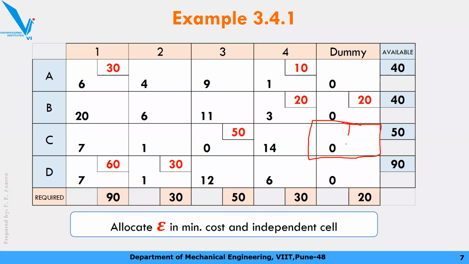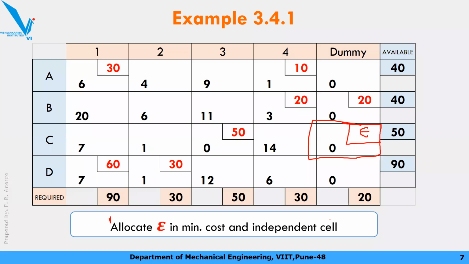So assign epsilon at this location, so that when we go for an unallocated cell, this cell is going to help you to jump and turn, and create a loop. So that's why I go for the independent cell. That's it.